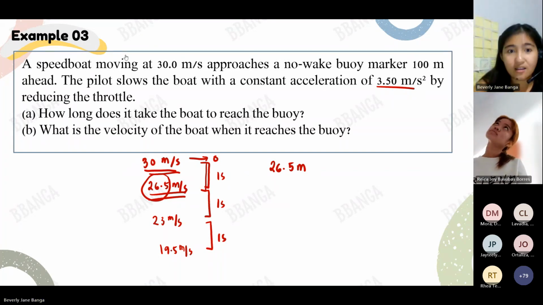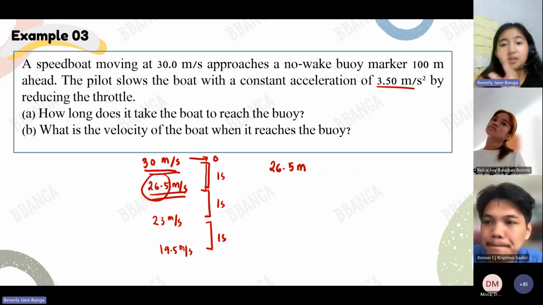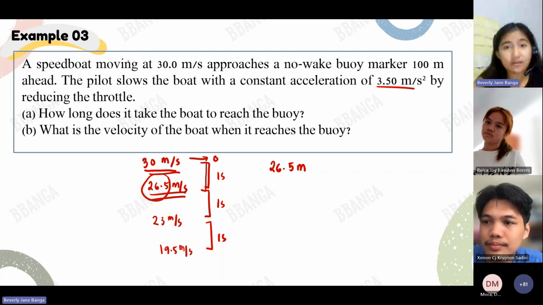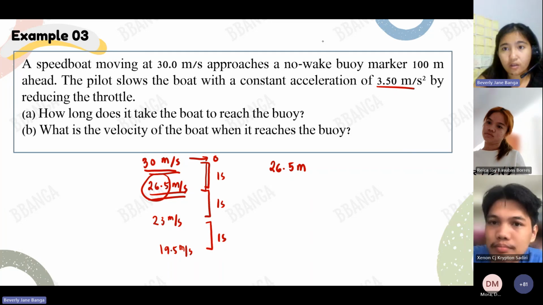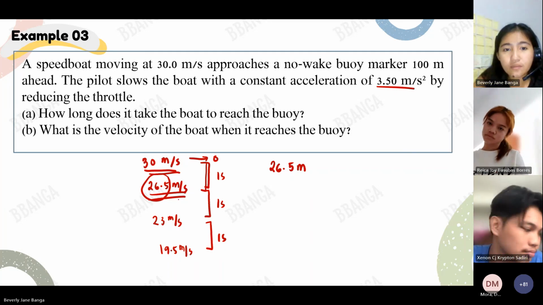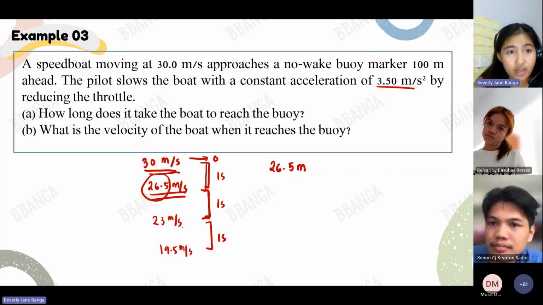Gets ba? Kasi yung speed niya ay 26 meter per second. Ibig sabihin, in 1 second, nakatravel siya ng 26 meters. Nakukuha? Okay. So, next naman. From 26.5, naging 23 yung kanyang speed.